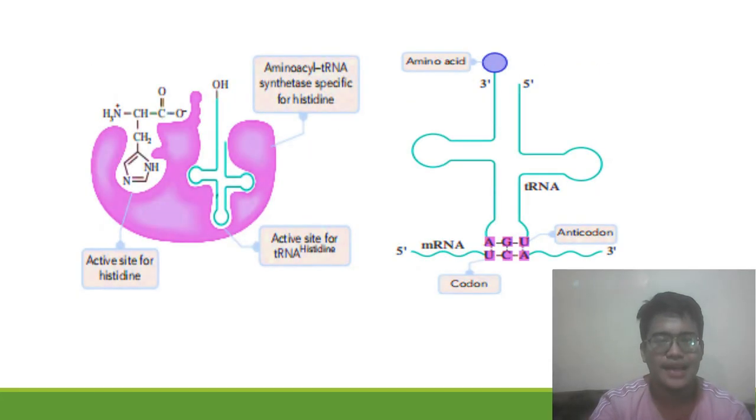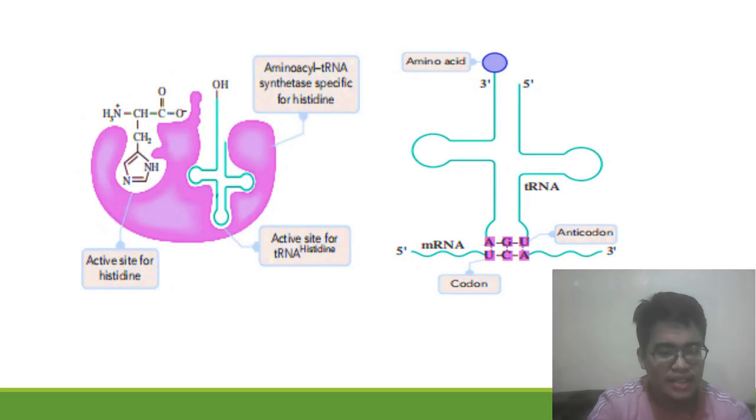An aminoacyl tRNA synthetase has an active site for tRNA. This is the active site for tRNA, and it also has a binding site for the particular amino acid that is to be attached to that tRNA.